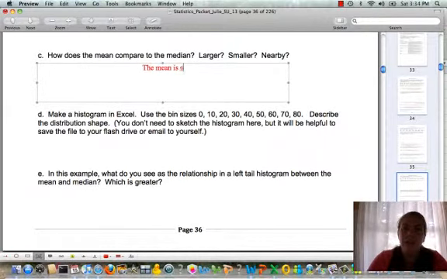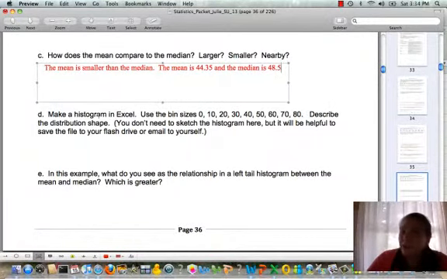The mean is smaller than the median. Then we can say the mean is 44.35, and the median is 48.5.